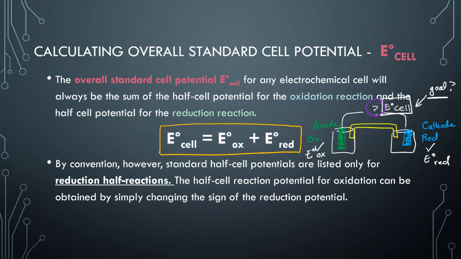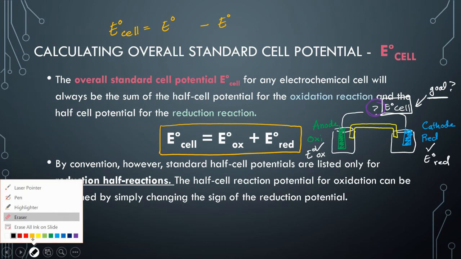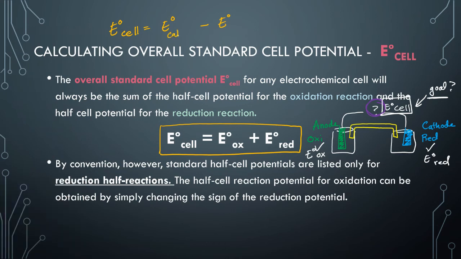Okay, now some of your textbooks might write this differently. E cell equals E of the anode minus the E of the cathode. Nope, flip that. E of the cathode minus the E of the anode. Okay, it's literally the same thing.